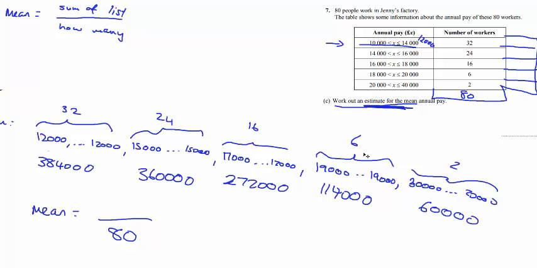So you add all of those up, because that's essentially you adding up the list. Okay, big number.